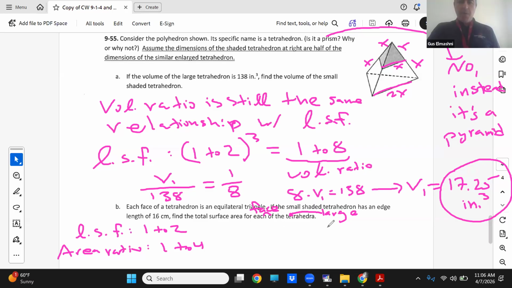So if you think about the large tetrahedra, there are 4 faces. So you need 4 times 64. Because what's happening, if 16 is the small, what's the big going to be?